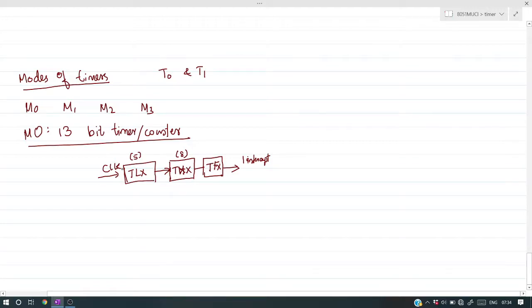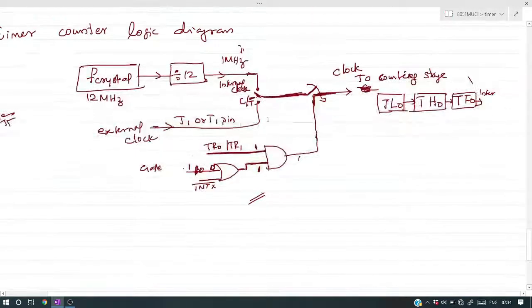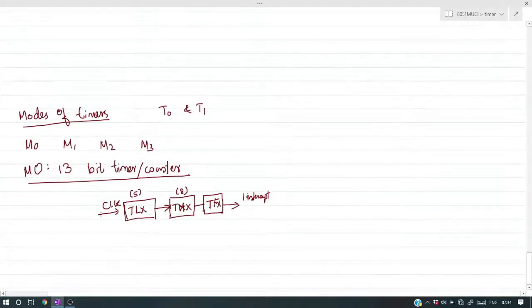So the clock is given from this stage. From here the clock is coming. After each clock, these low order 5 bits get incremented. Whenever all these 5 bits become 1, overflow occurs and it will change THX. Whenever all these become 1, timer overflow will come.